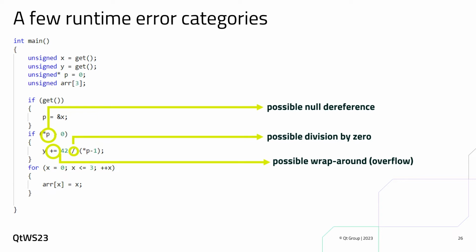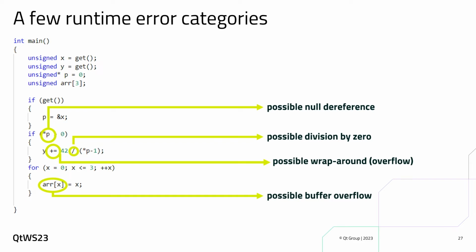And another category, which is quite interesting also for safety reasons, is buffer overflows. If you look here, this is the classical example. X is smaller or equal to 3. If you look at unsigned arr[3], 3 elements, this is a very frequent error. You actually access arr[3], and this is bad. You should not do that here.